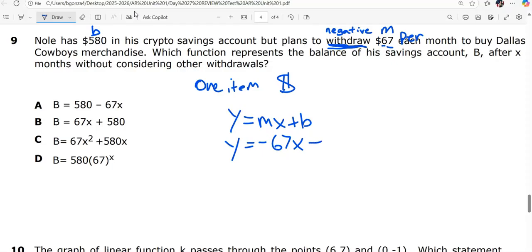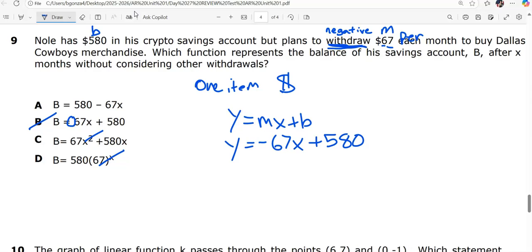What I started with is 580 crypto dollars. You don't want to get confused here. The answer is not B because it's missing the negative sign. C is wrong because there's a squared. D is wrong because the x is in the exponent.